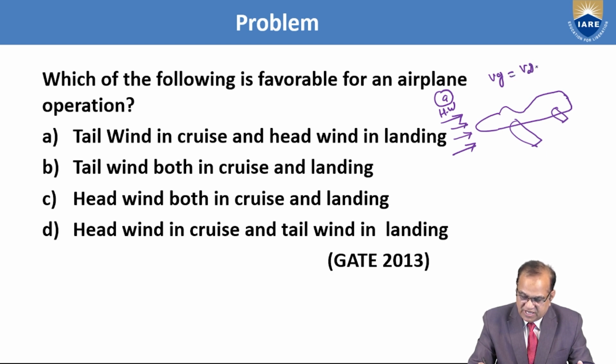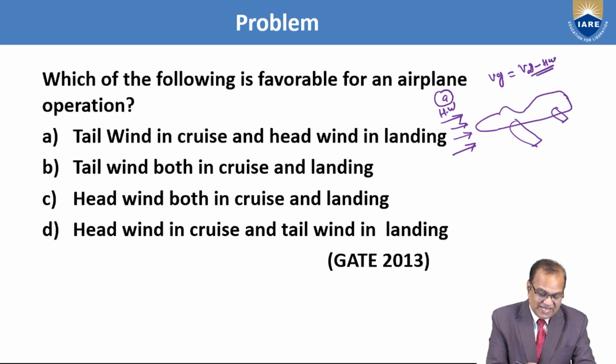So V infinity minus headwind, your net velocity is reduced. So it is not good for the cruise. So headwind in both, this is not correct by this explanation.